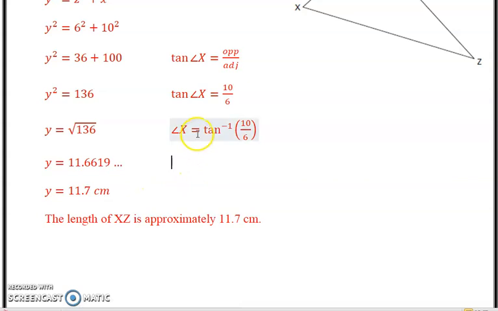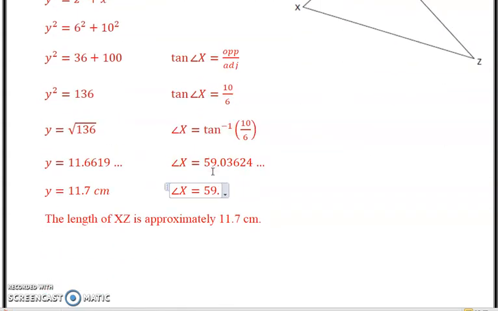And then we get angle x equal to, we calculate that, plug it in our calculator. And you're going to get a decimal, obviously. So when you plug that in your calculator, you get 59.03624, and so on. And then our final answer is 59 decimal.